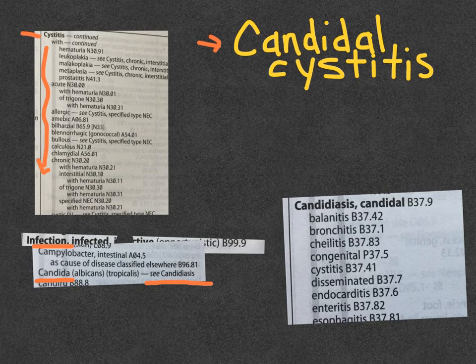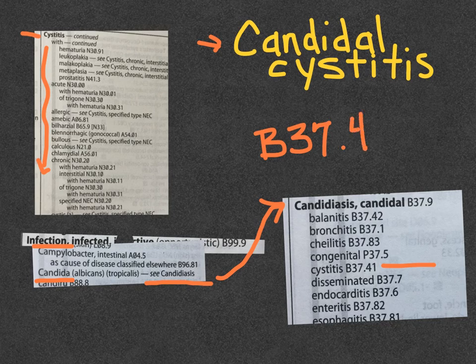So when we go to the main term then, still in the alphabetic index, of candidiasis, you'll see that there actually is a subterm for cystitis. So our final code for this diagnosis is going to be B37.41, which of course you would still confirm in the tabular list to make sure there are no instructional notes or additional characters to be added.